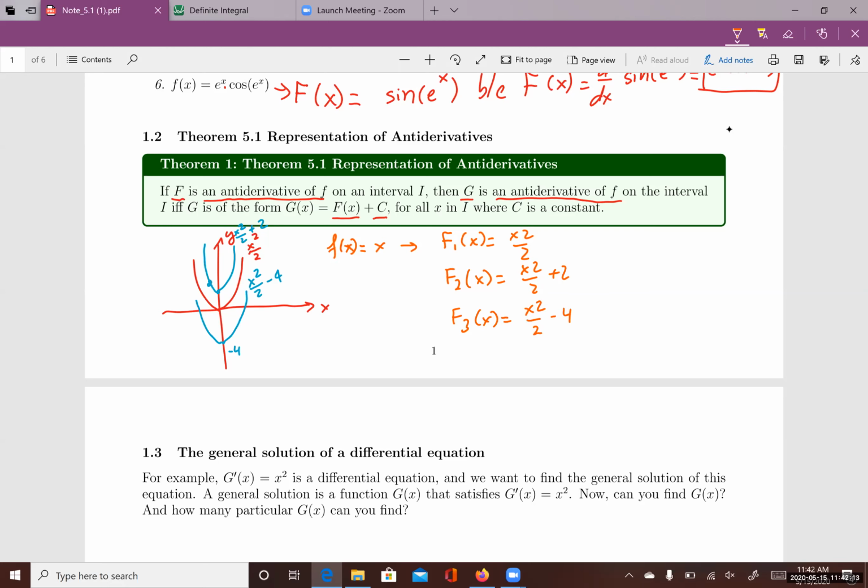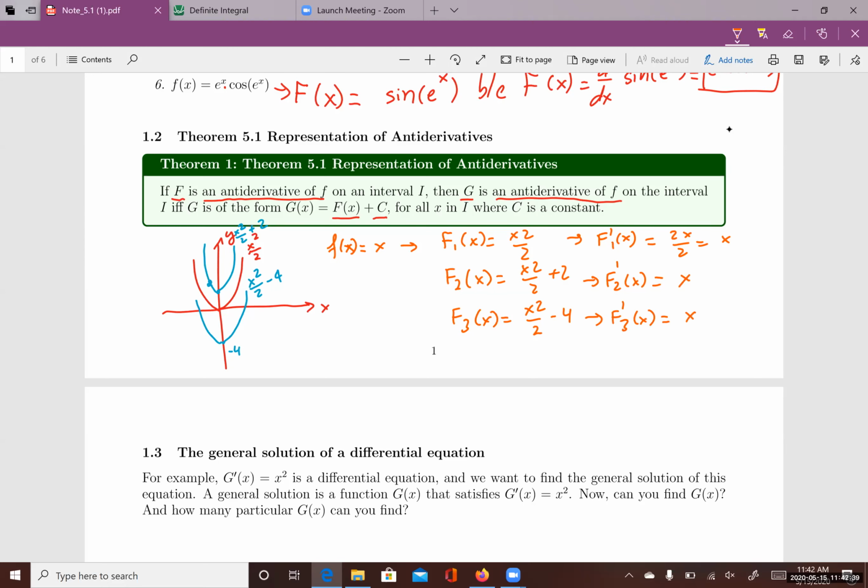So these three functions are antiderivative functions of f of x because if I find the derivative, f prime of x is equal to 2x over 2, which equals x, right? And the derivative of the second antiderivative function is the same because the derivative of the constant is 0. Derivative of the constant is 0.